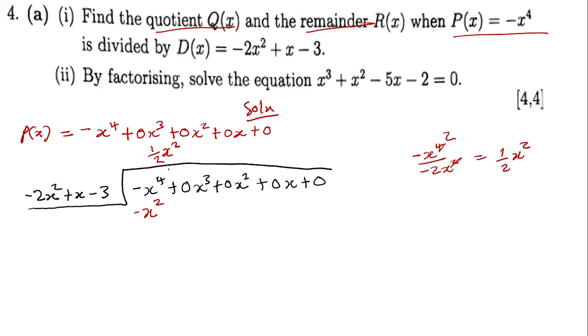Then if I multiply this guy by this, it's going to give me positive x cubed over 2. Then this times that, it's going to give me negative 3x squared over 2. So this is what I'm going to simply have.